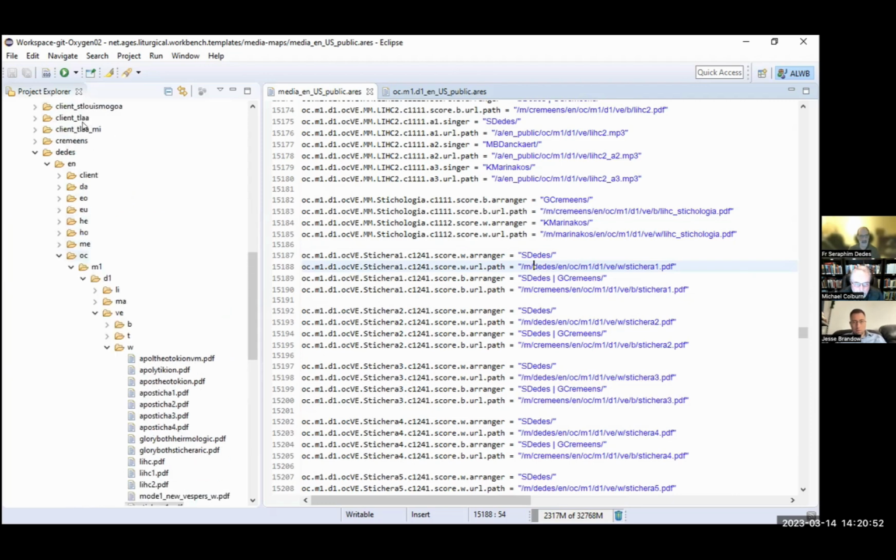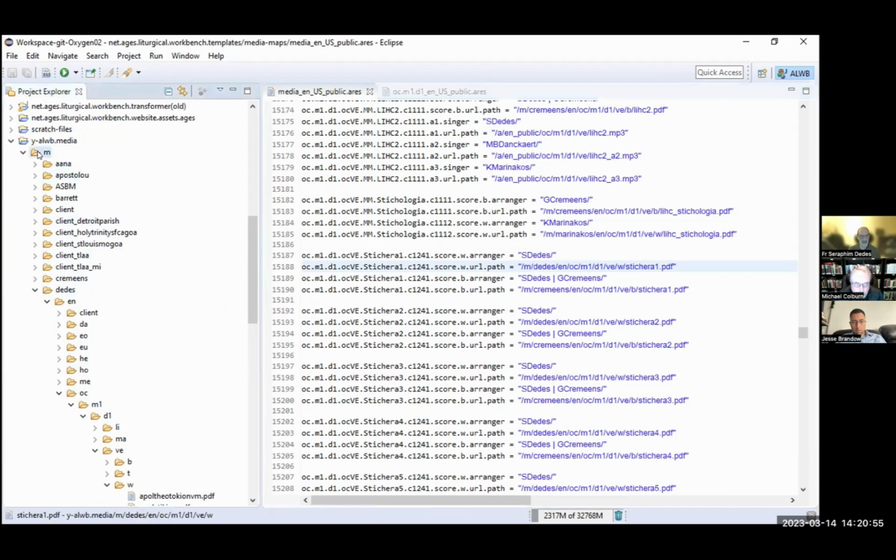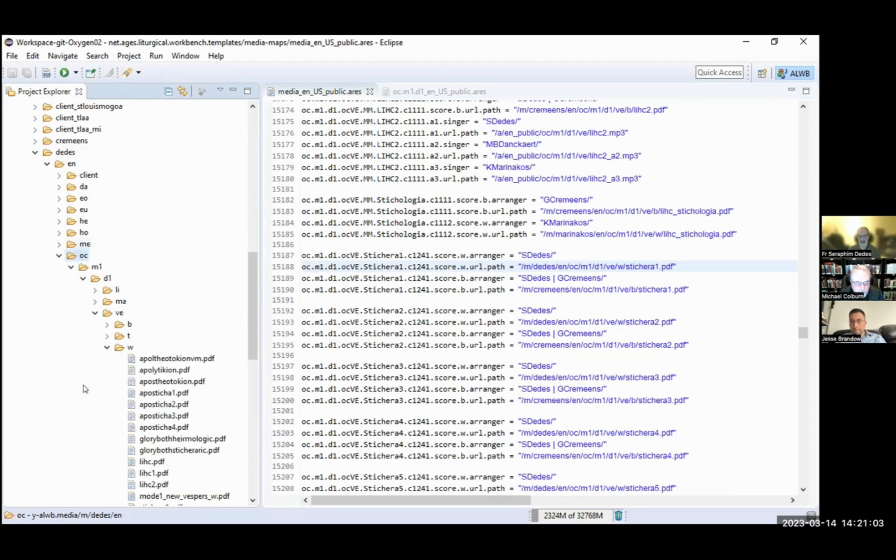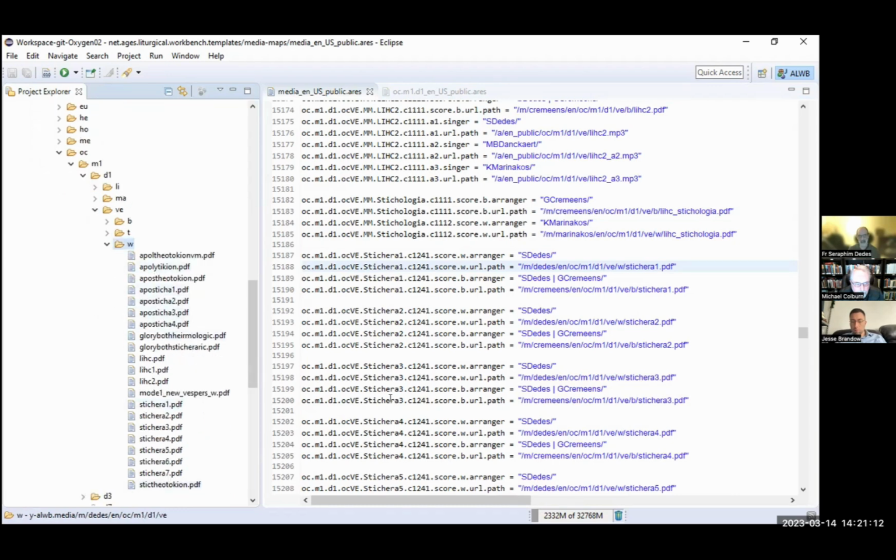So it's M on the left. You see M, and then DDs, and then English, EN, OC, M1, D1, VE, W, and then the actual name of the PDF file. Okay. So there's the path.